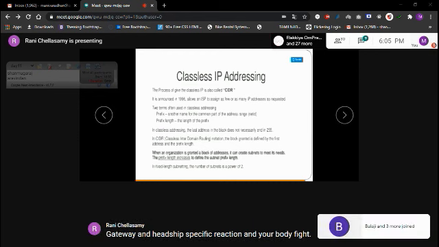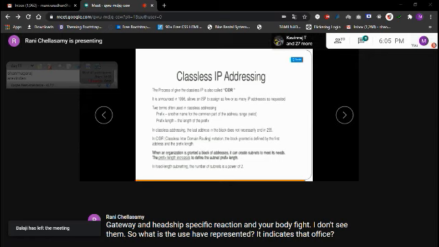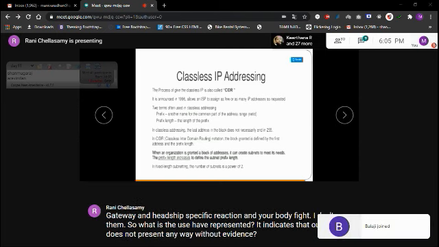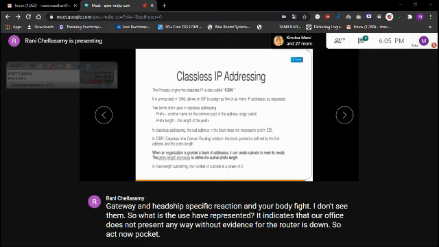So what is the U flag representing? It indicates the router is up, that is, it is in working condition. If the flag is not present, then it means the router is down, so no forwarding task is going to be done by the router.